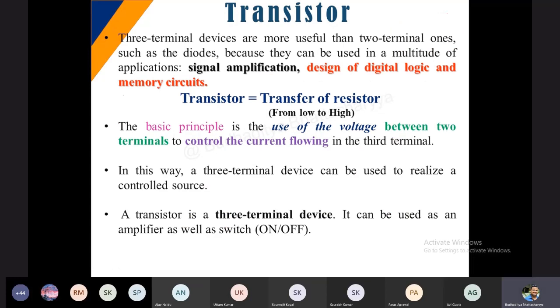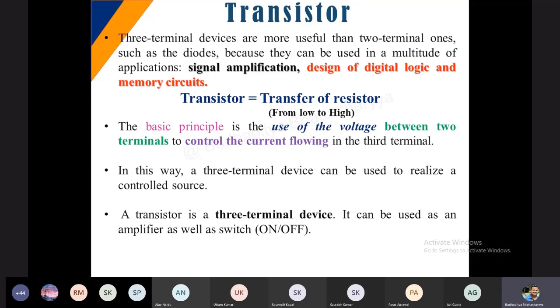The next point is that these three-terminal devices are more useful than two-terminal ones, such as the diode, because they can be used in a multitude of applications. One of the biggest is signal amplification. It is common for any signal that you are processing, be it an image, a video, or audio.